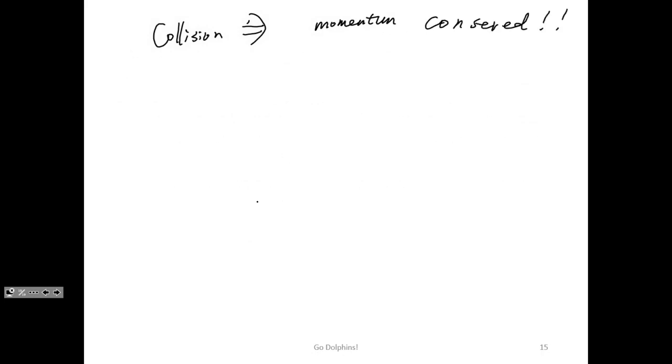Momentum conservation. So the collision tells us momentum is conserved. You have initial momentum equals final momentum.